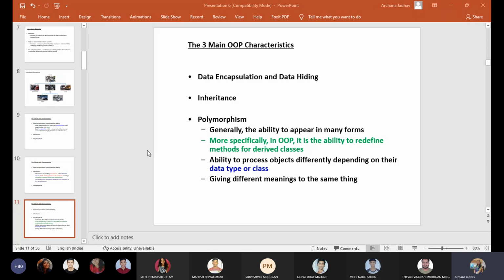When you are able to write programs in that way, it is called that you have implemented polymorphism. Another example, which we will see in our program also: suppose I tell you to write a program to calculate the areas of different shapes.